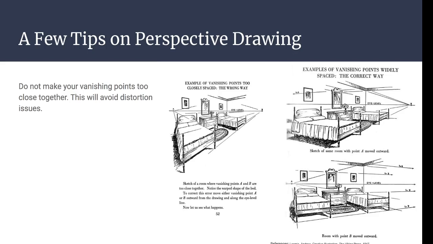Then he shows a second example where the vanishing points are further apart, and that's where you get a better suspension of disbelief, as they say, a more convincing drawing that looks less distorted.